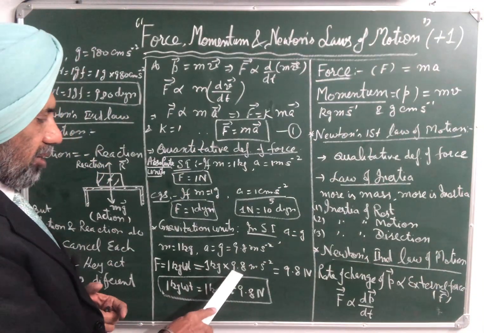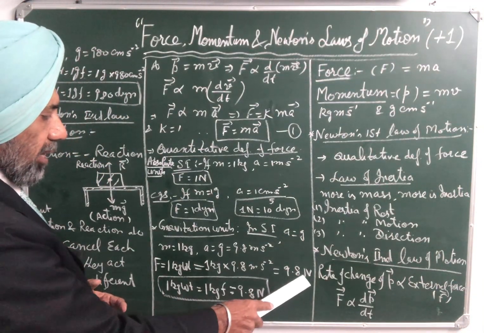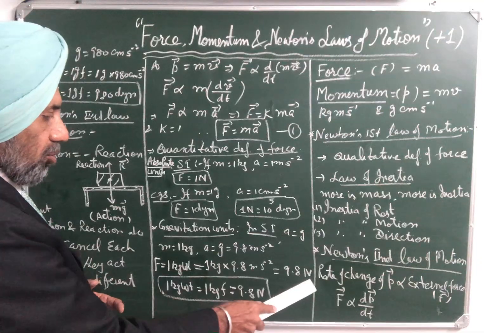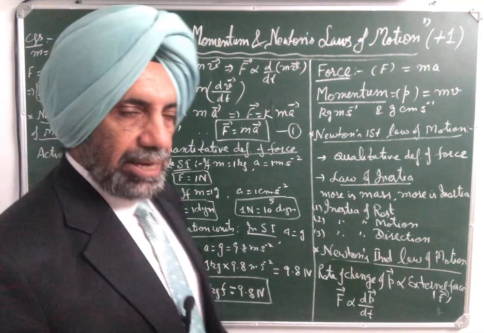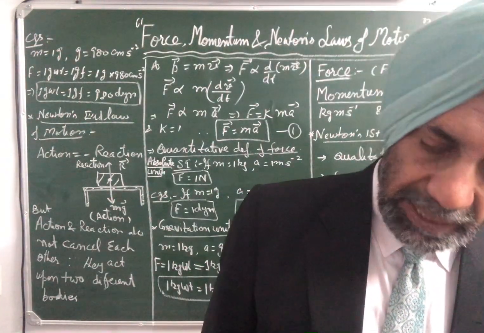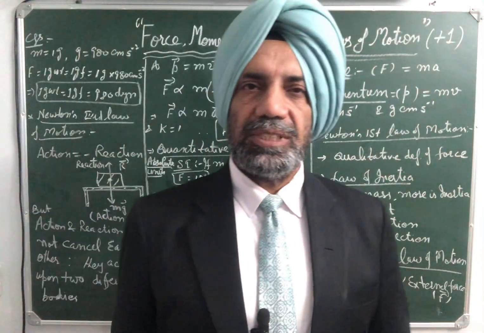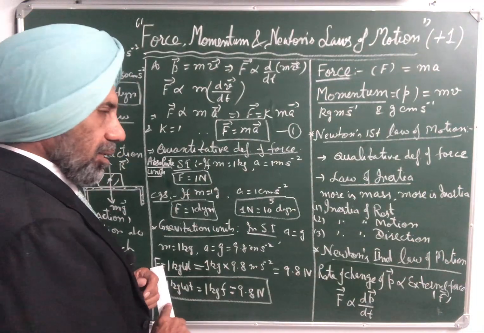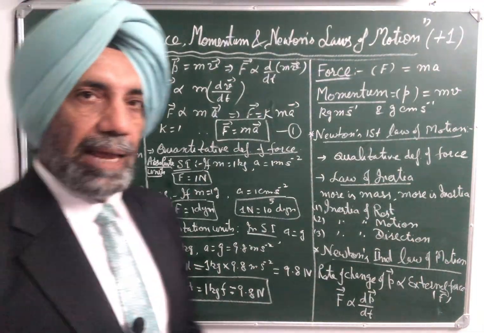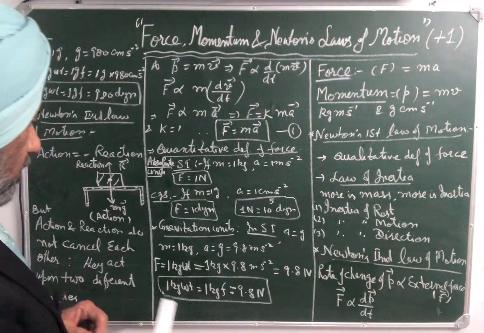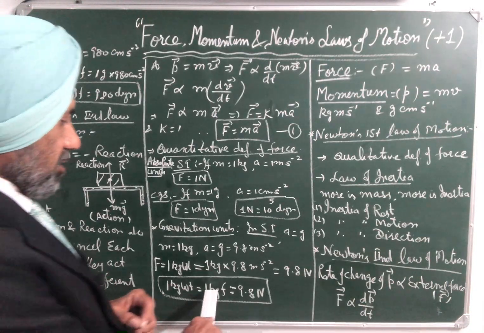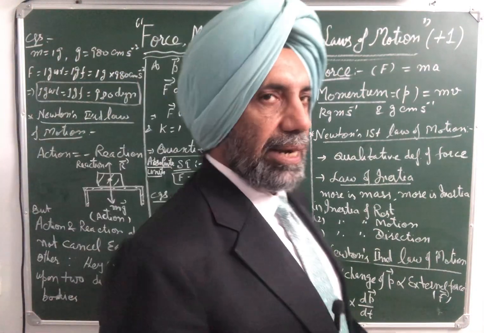So which will be 1 kg into 9.8 meter per second square, that is 9.8 kg meter per second square, which is Newton. So 1 kg weight or 1 kg force is equal to 9.8 Newton. This is relation between gravitational and absolute units.